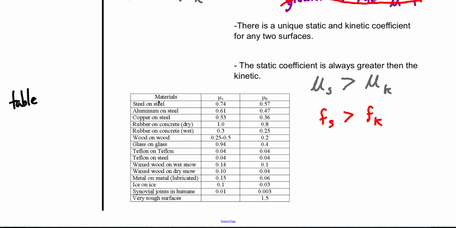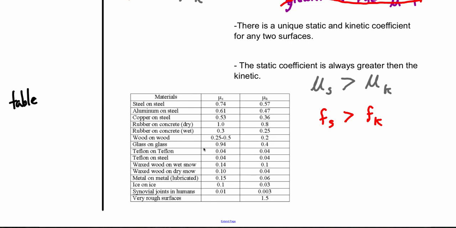So the coefficient only depends on the material. For wood on wood, the coefficient has a range from 0.25 to 0.5, depending on what wood, and for the kinetic friction, it drops to 0.2.